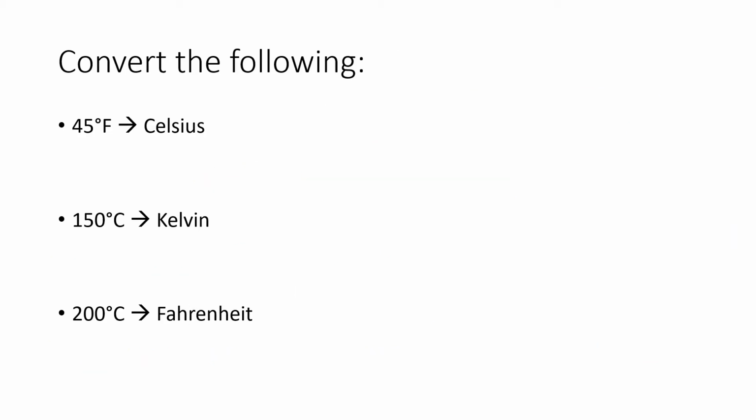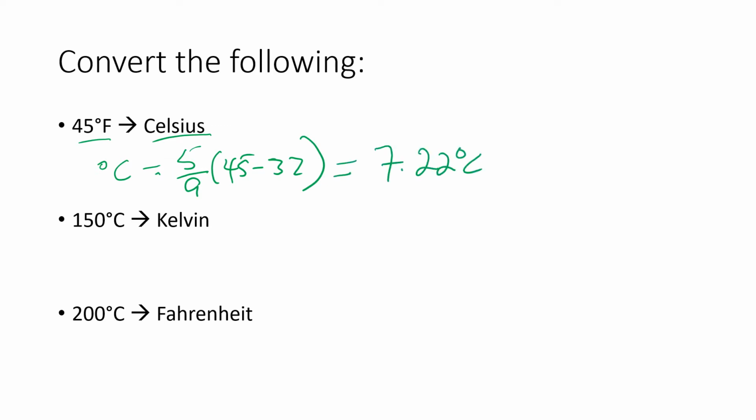Okay, so let's work on some of these problems. You're going to have a few of these, I believe. So I want to get from 45 degrees Fahrenheit to Celsius. So write down my equation and plug in my numbers, etc. And I end up with 7.22 degrees Celsius.